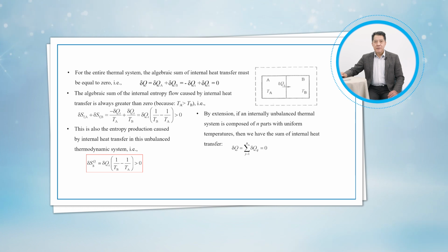By extension, if an internally unbalanced thermal system is composed of n parts with uniform temperatures, then we have the sum of internal heat transfer, and we have the entropy production for this system.